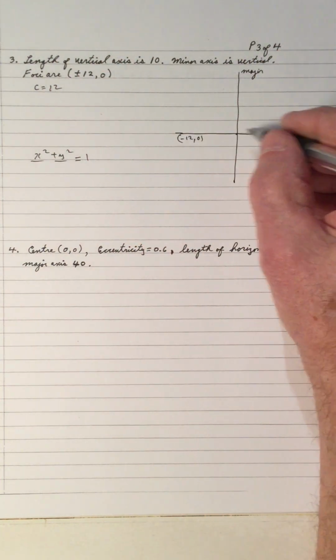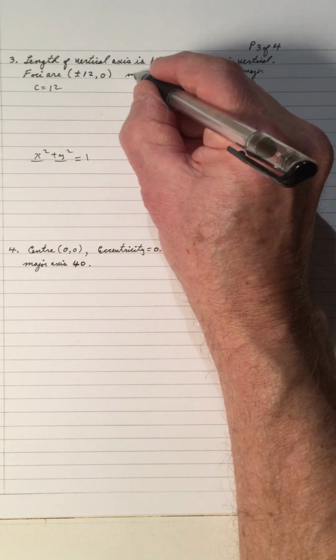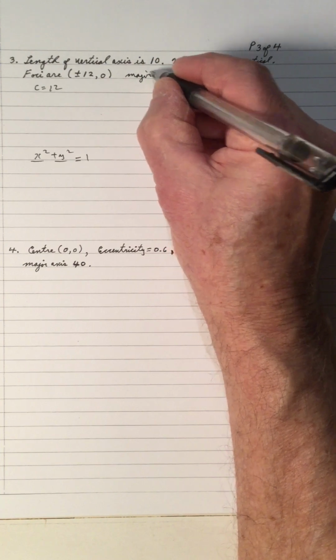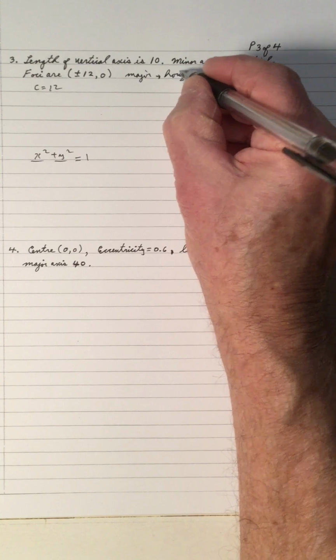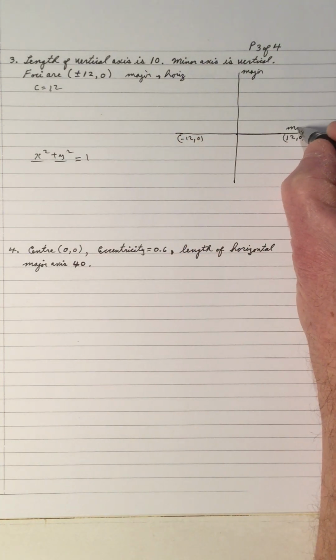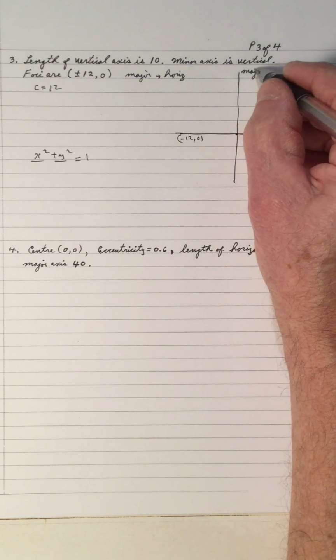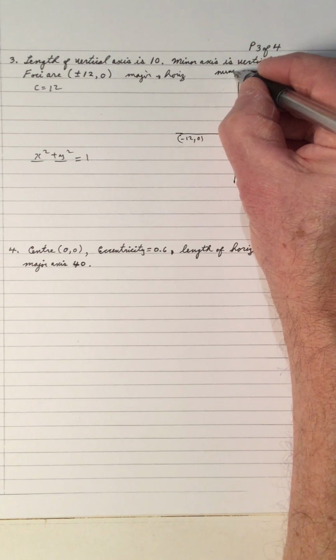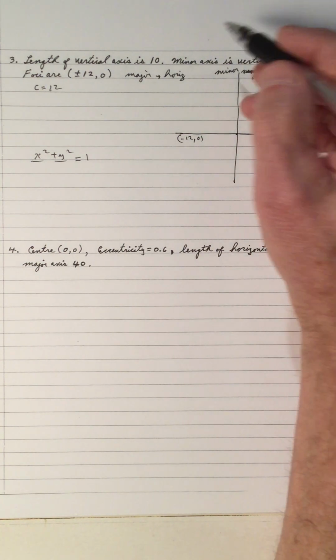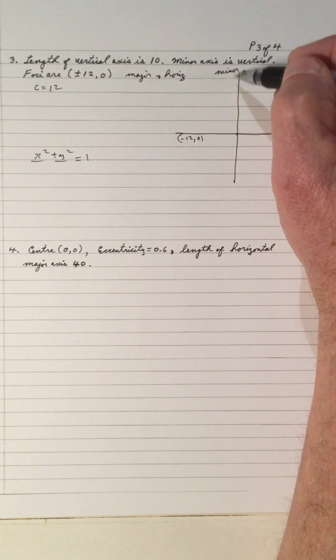So that means the major is the horizontal. Just to spell it out, the major is the horizontal, so this is the major. And that means the vertical, and I wrote down major up there, the vertical is minor. Just be careful. The vertical is minor.